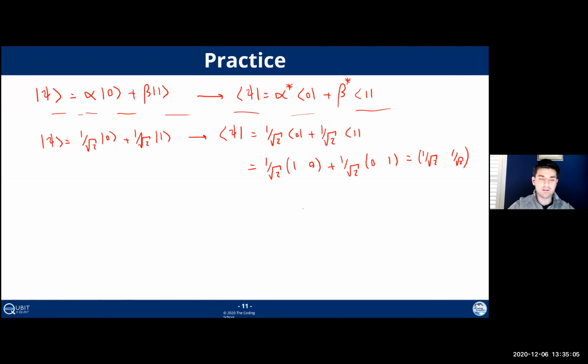And now let's look at another quantum state. Now I'm going to start you guys off with writing my quantum state as a column vector. So I'm going to start off with this state.